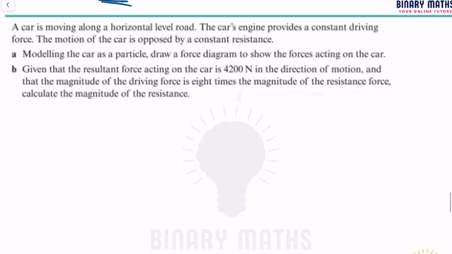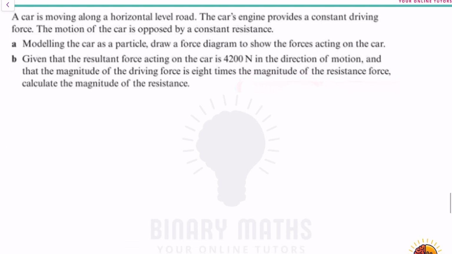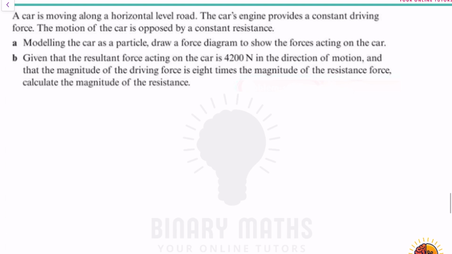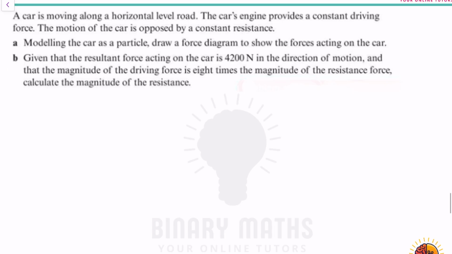A car is moving along a horizontal level road. The car's engine provides a constant driving force. The motion of the car is opposed by a constant resistance. A. Modeling the car as a particle, draw a force diagram to show the forces acting on the car. So if I think this is the car, which is on a horizontal ground, the car obviously feels its own weight.